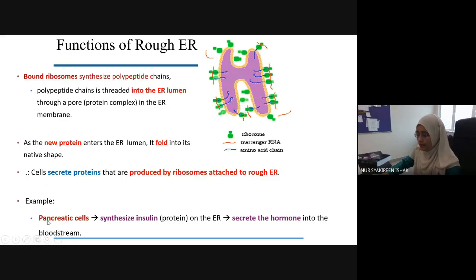And then an example is pancreatic cell. So pancreatic cell is to produce insulin, which is a type of hormone made up of protein, and then the hormone is secreted into the blood stream, okay, to regulate blood glucose level, okay.